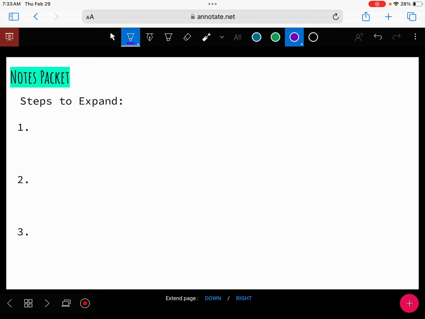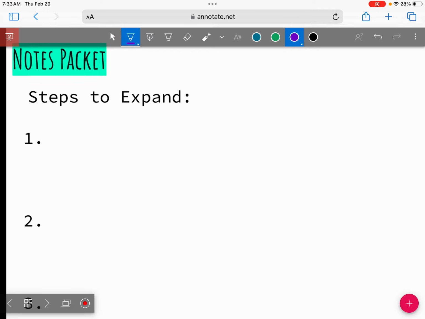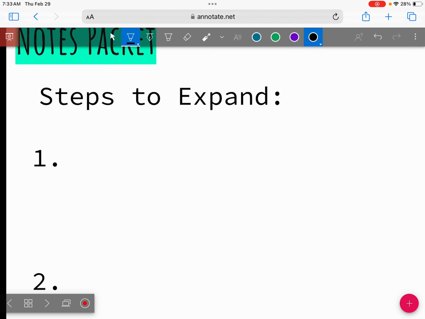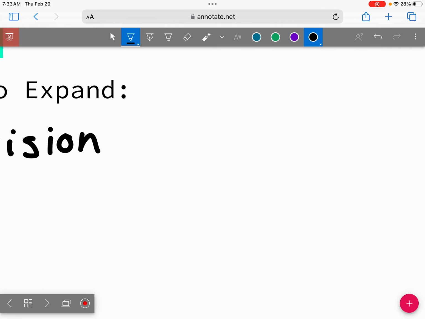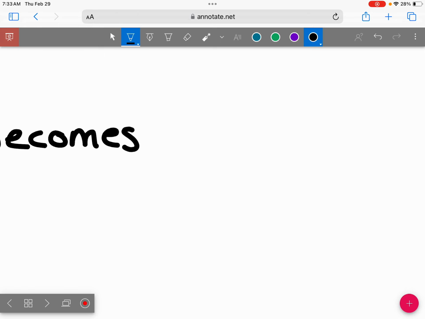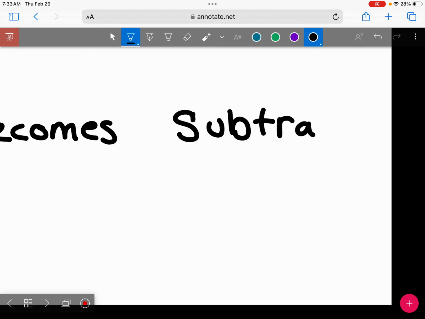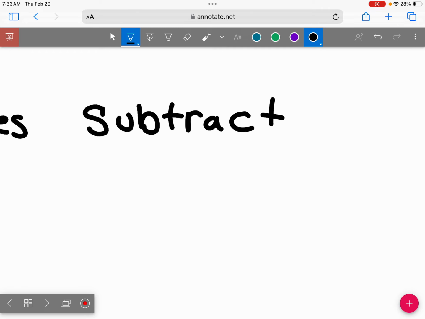So, our first step that we're going to use when we expand is that division becomes subtraction. If you see division anywhere in our problem, the first thing we're going to do is switch it into subtraction.